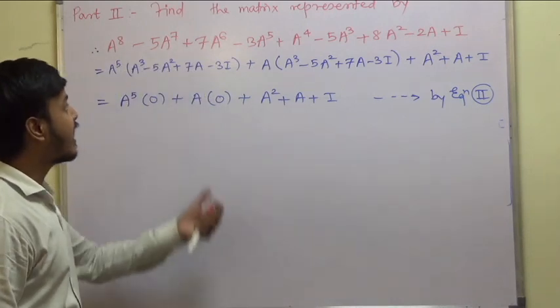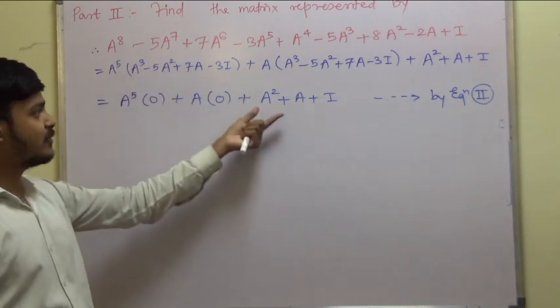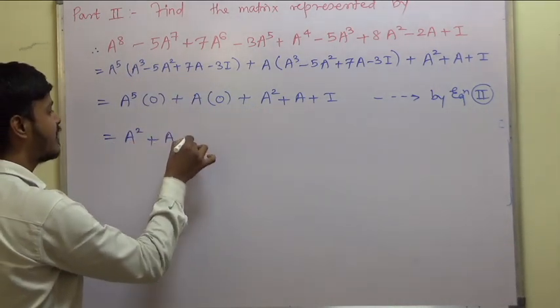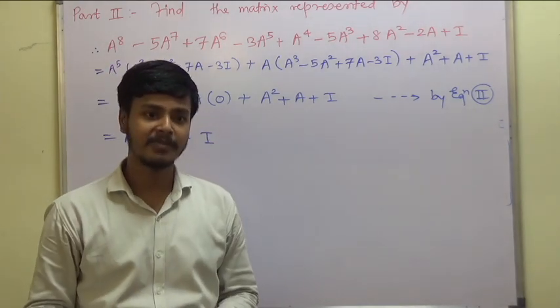So we have a big polynomial of degree 8 and we reduce it to just a square plus a plus I. That is the beauty of the Cayley-Hamilton theorem.